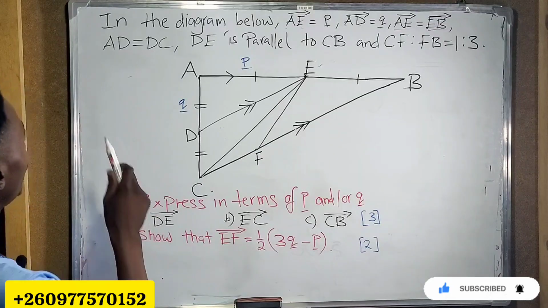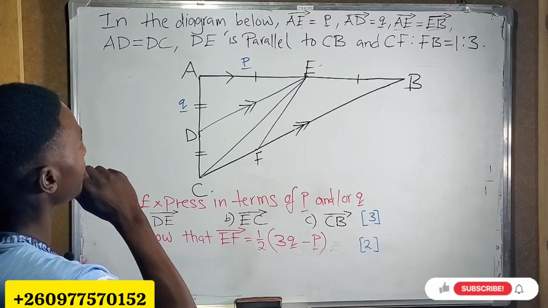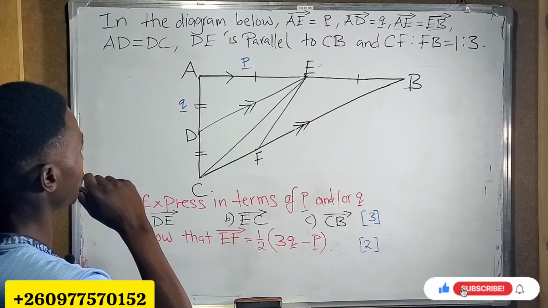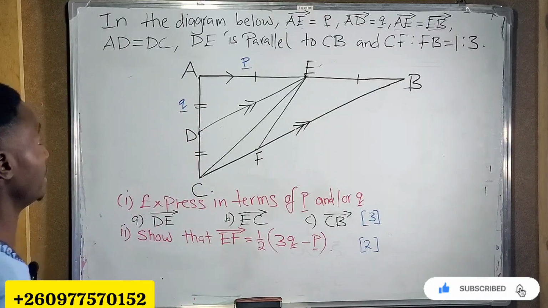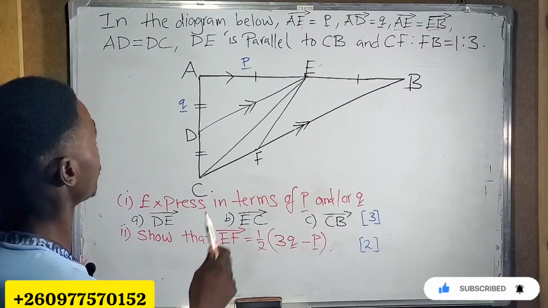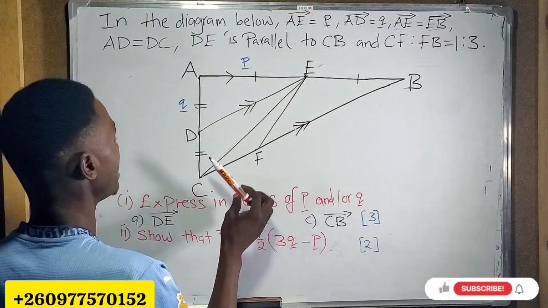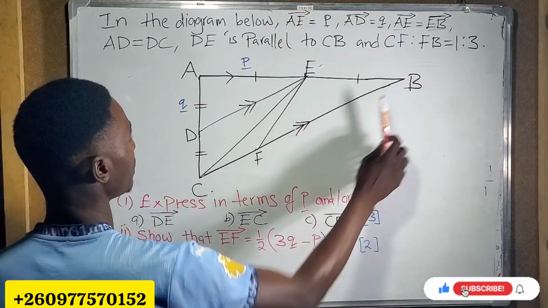AD is equal to DC. Then we are told that DE is parallel to CB.